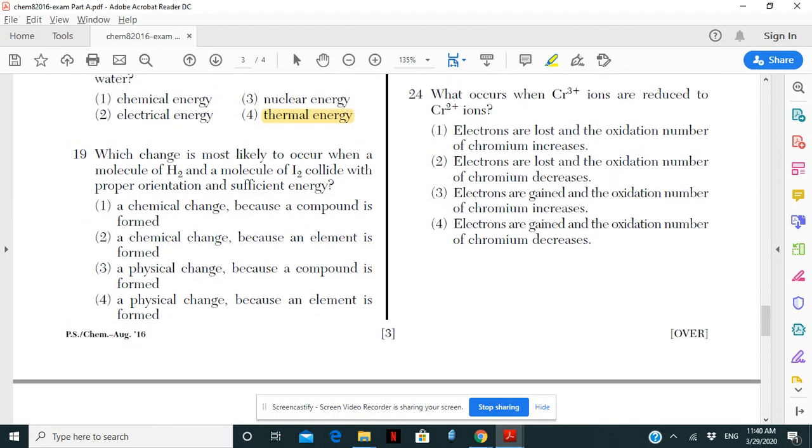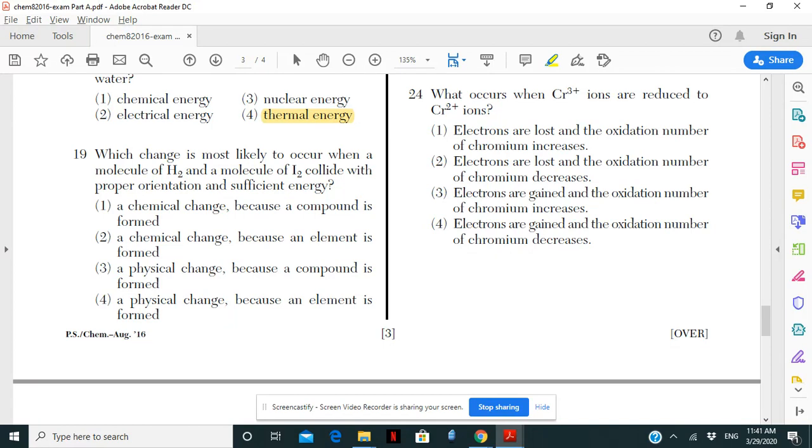Which change is most likely to occur when a molecule of hydrogen and a molecule of iodine collide with proper orientation and sufficient energy? In that case, they are going to react together.